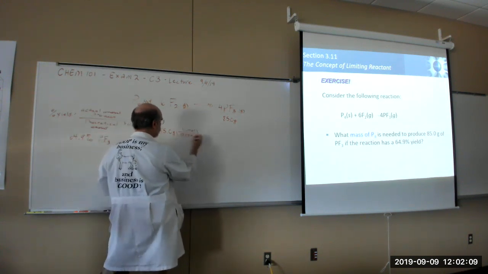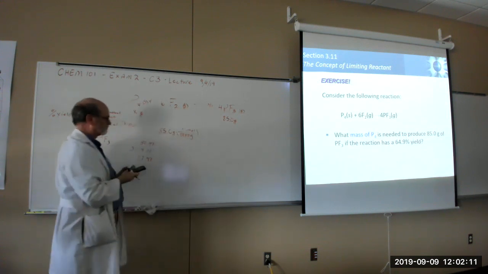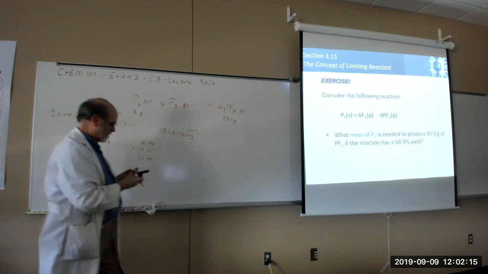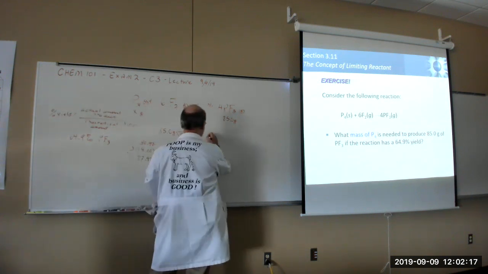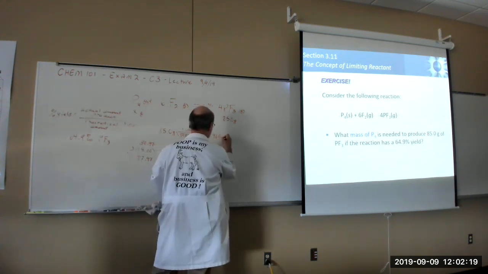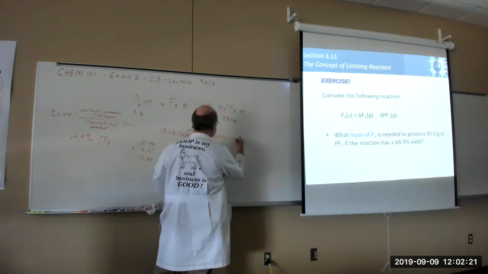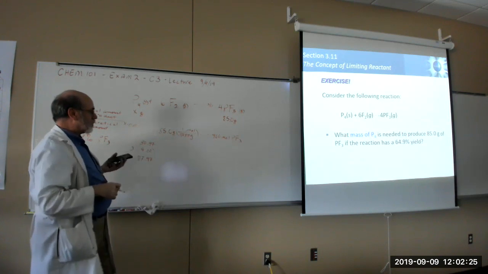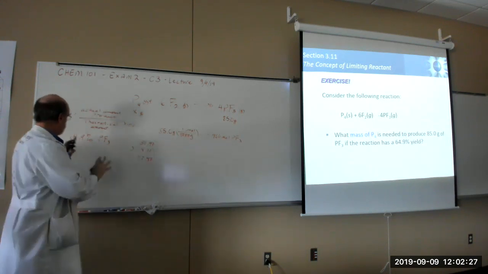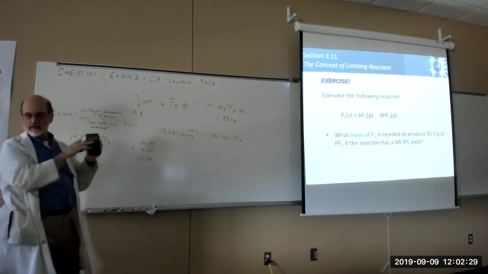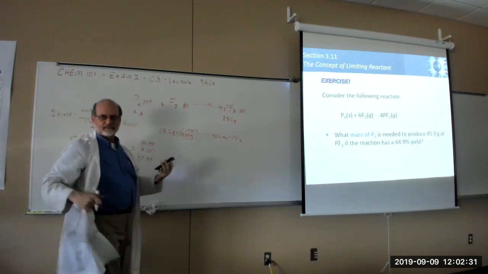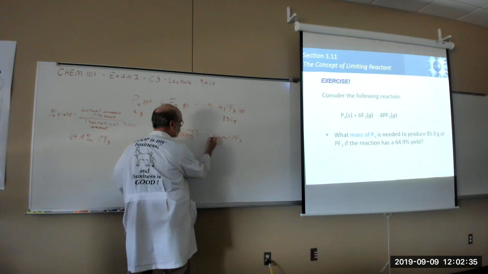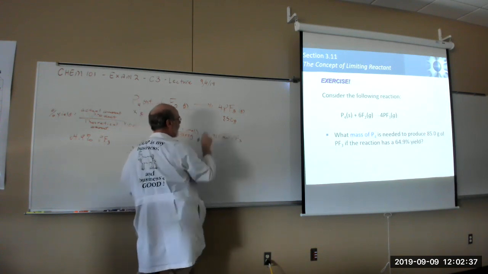Divide that into 85. I get 0.966 moles of PF3. So we're setting this aside for the moment. Assume 100%. We'll deal with that in a second. So this is how many moles of PF3 we have.